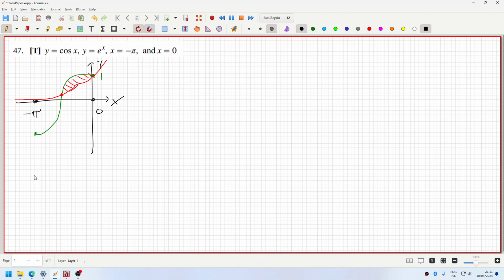I don't think we can solve it analytically because we're trying to figure out when cos x will equal e^x. We'll have to do that numerically.